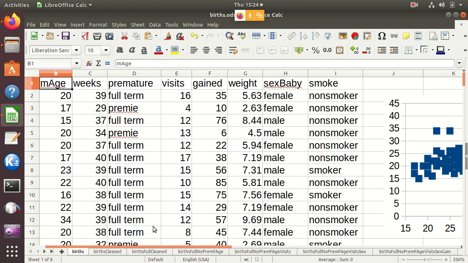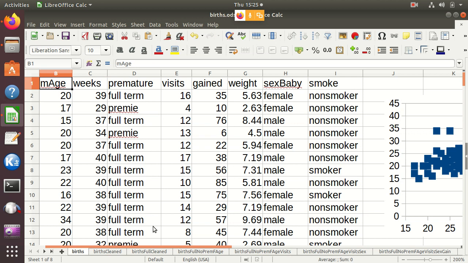So if I had non-smoker, or lifetime non-smoker, someone who's not a smoker now but used to smoke, and then somebody who's a current smoker, that would be 3 levels. I would need 2 dummy variables.